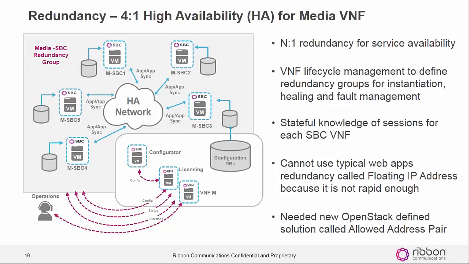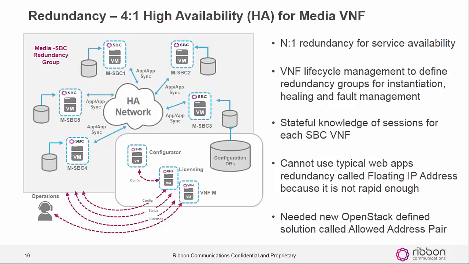In this N-to-1 redundancy, it's sent to multiple of these address pairs, but only one of them picks up the traffic, and that is managed by the knowledge of what's going on and which is the right instance to pick up traffic. So again, some significant innovation to make this work and to be sure that we can provide the high availability and reliable solutions that our customers need to deploy in the cloud.